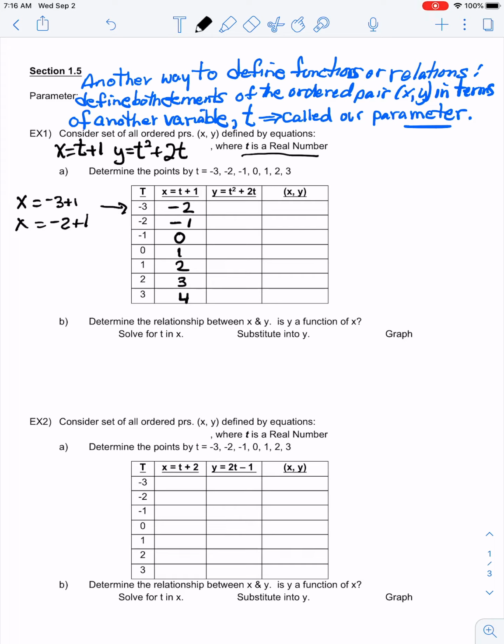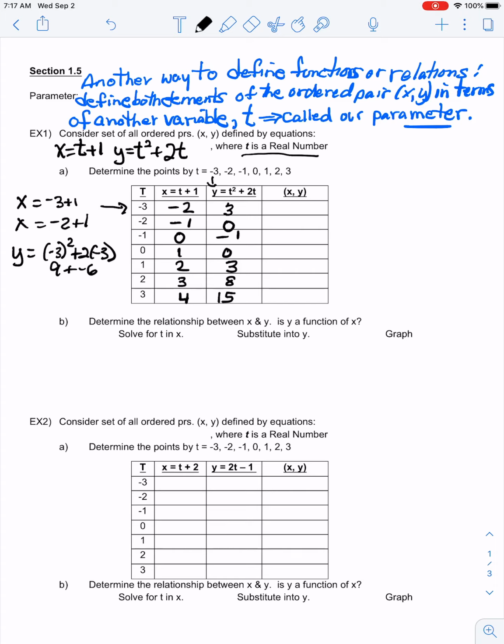Then we're going to do the same thing over here for y. So to calculate y, we're going to do like -3 squared plus 2 times -3. Okay, and if you do that calculation, it'd be 9 plus -6, and you get 3. And again, we're just going to go through and fill those in. And I'm just going to fill in the chart for you, but that's how I'm coming up with those values.